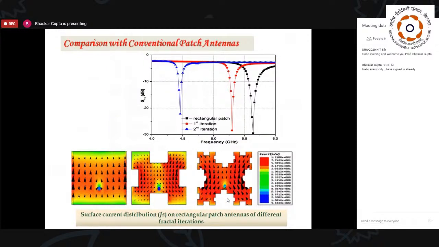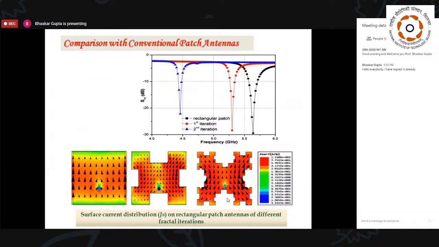As I said, I'm not showing the mathematics today at all. That I keep aside for tomorrow. Today I'm just presenting some application-oriented research with results suitable for application. So take this one. Take this Minkowski fractal.